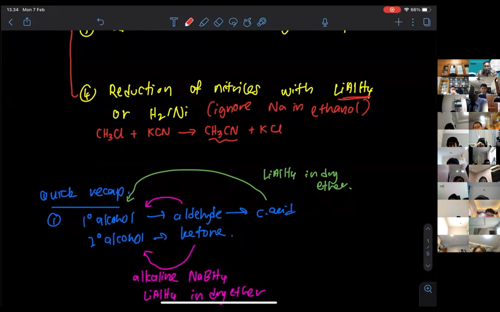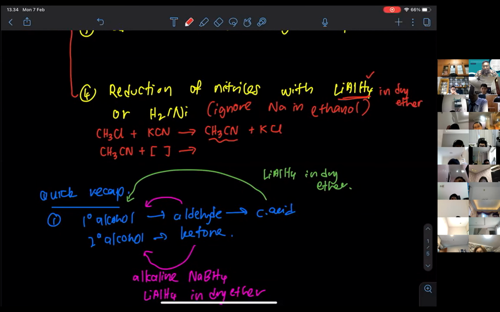Now this reaction doesn't stop over there. This nitrile CH3CN is going to be reduced by two reducing agents. Either you can use LiAlH4 in dry ether, or you can use H2 with nickel catalyst.